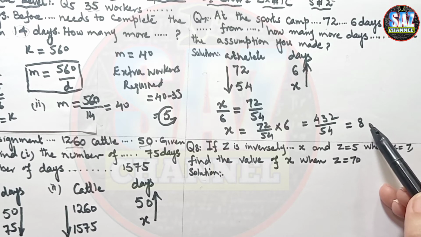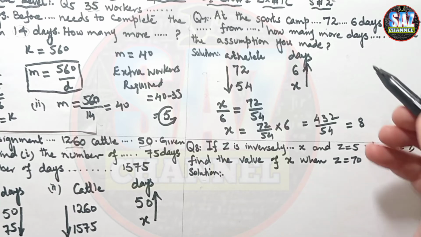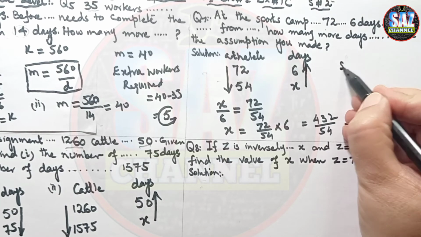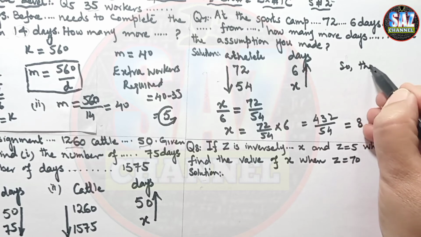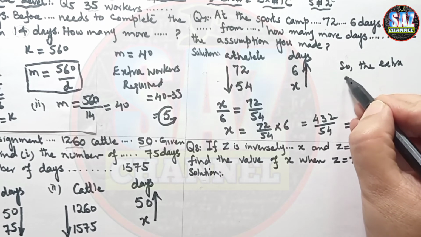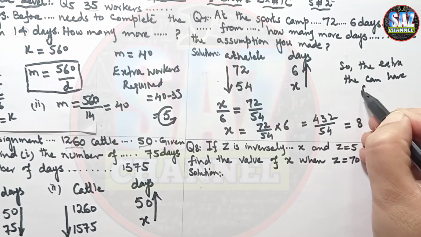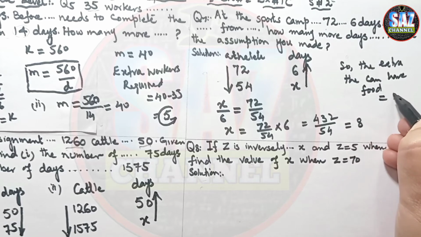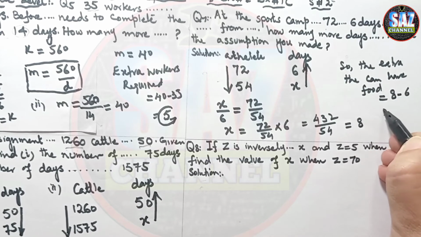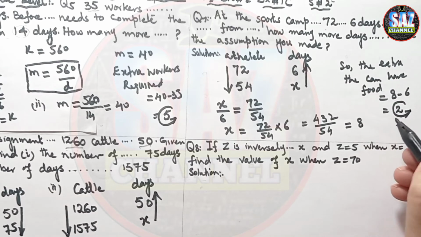And the question says how many more days. So the extra days they can have food equals 8 minus 6, which is equal to 2. I hope you are clear about this question.